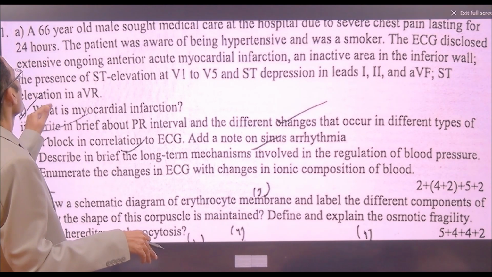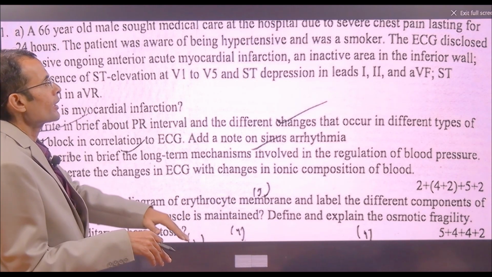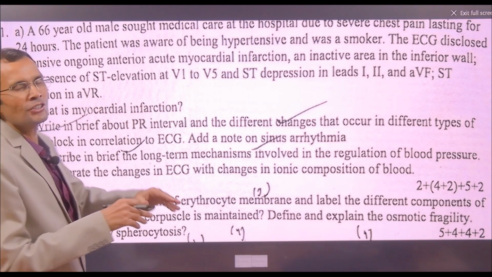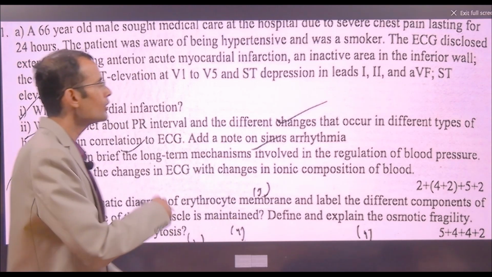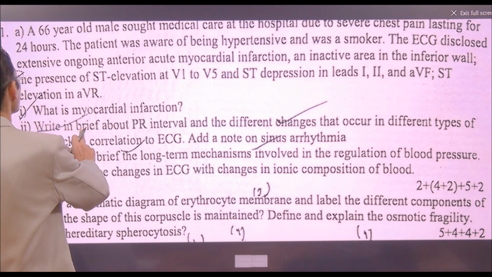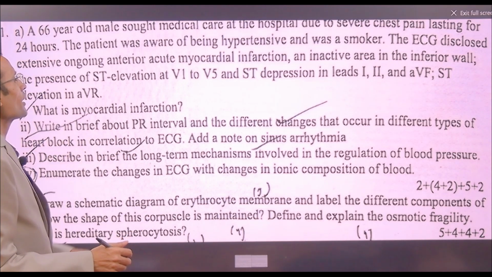The ECG disclosed extensive ongoing acute myocardial infarction. So they have given ECG changes, ST elevation in some leads and ST segment depression in the opposite leads or inferior leads. And then the question, what is myocardial infarction?